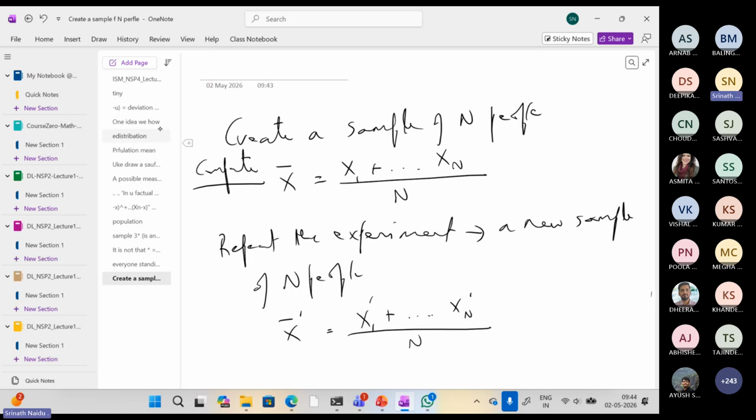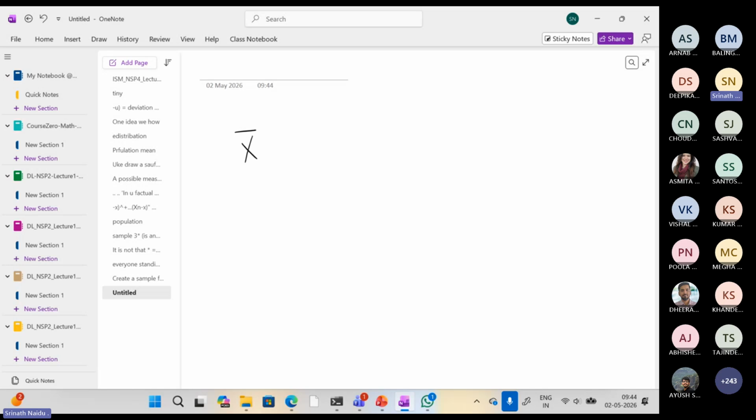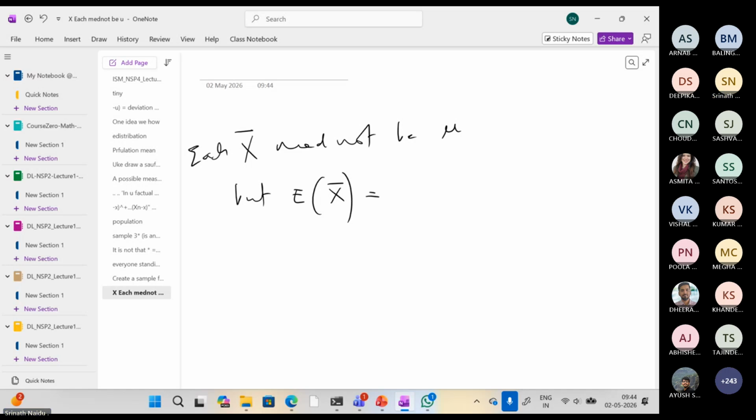Now, what we can say is that each X bar need not be mu. But the expectation of X bar will be equal to mu. So it is unbiased.